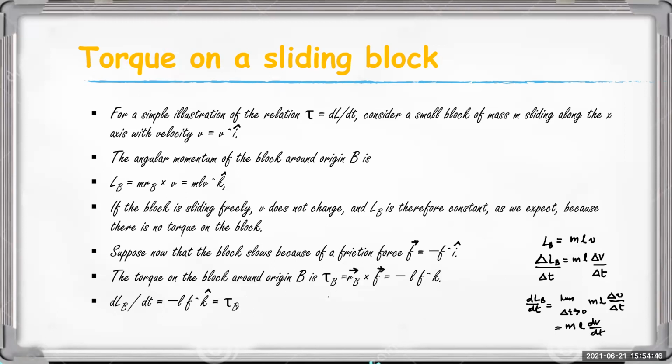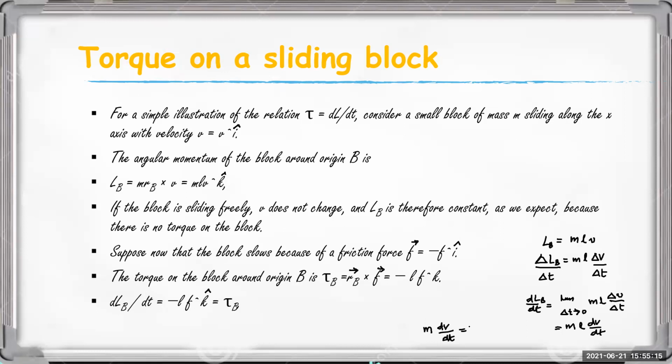But m into dv by dt is equal to what? dv by dt is the acceleration.